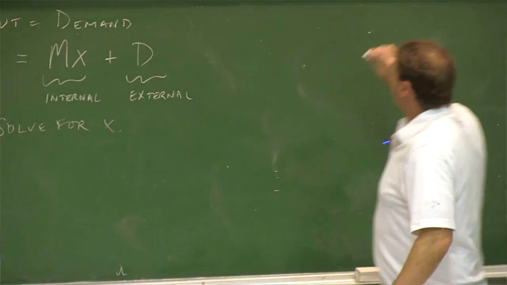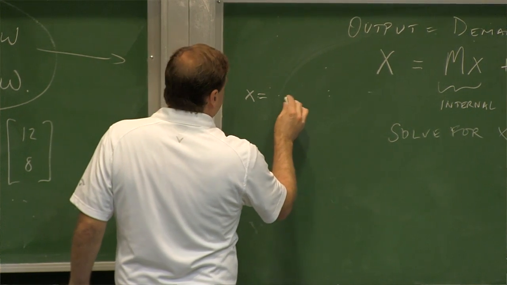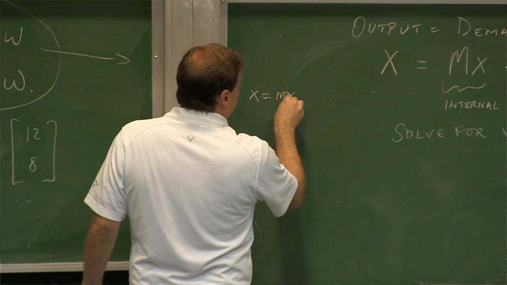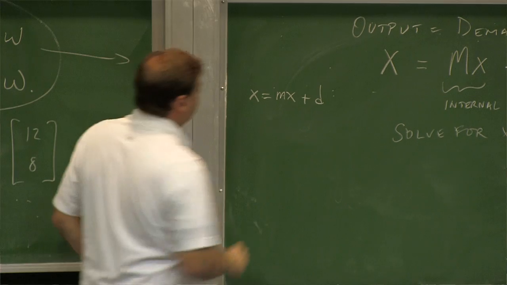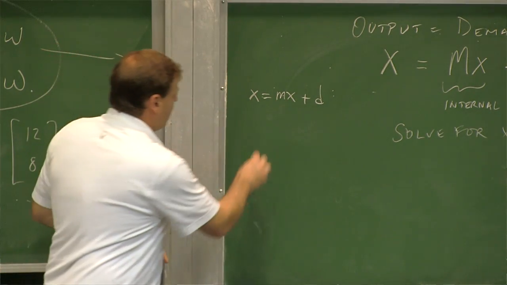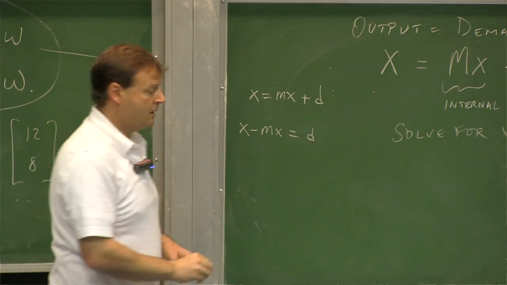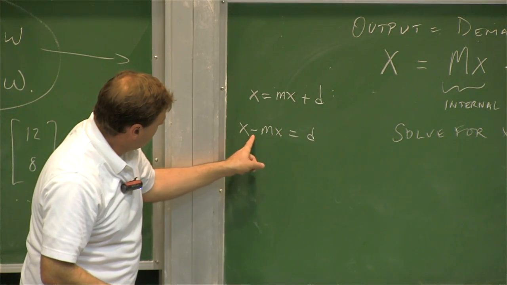Now let me ask you, if I have, let's go over here and do this. If I have, let's say I have X equals Mx plus D. Let's just go back to our high school situation. How would I solve this? Well, I'd go X minus Mx equals D. And then what would I do here?